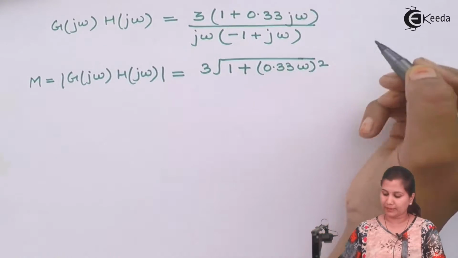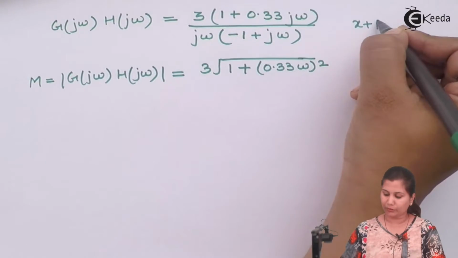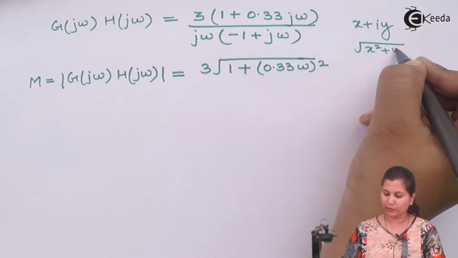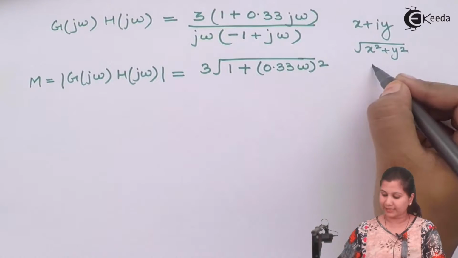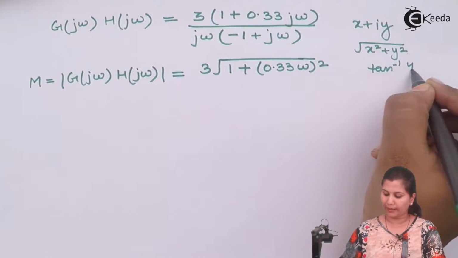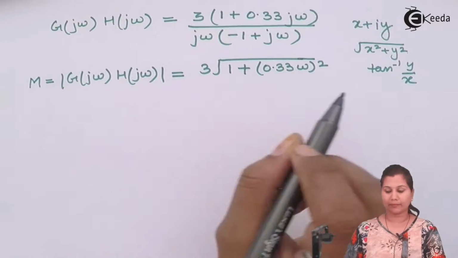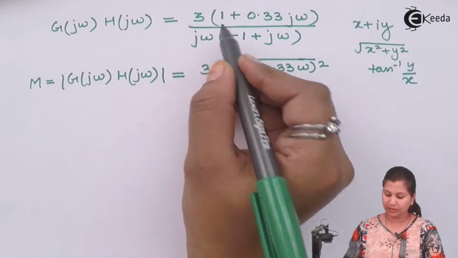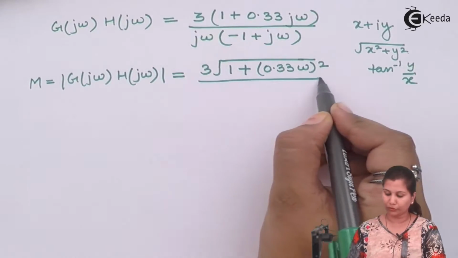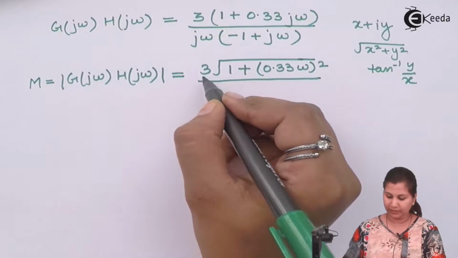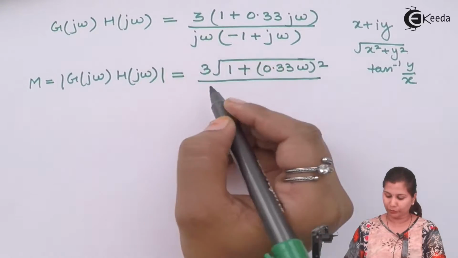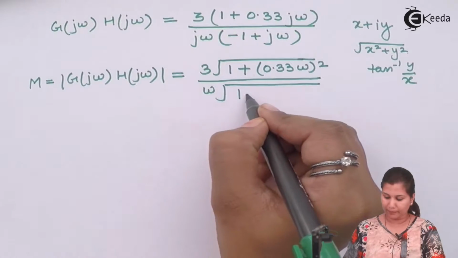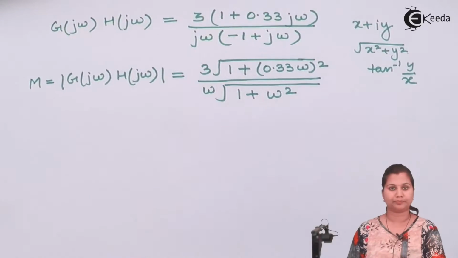Whenever we have a complex number like x plus iota y, then its magnitude is under root of x square plus y square, and its phase angle is tan inverse of y by x, that is imaginary part upon the real part. So here we have taken the magnitude of the numerator, then the denominator, its magnitude will be omega, then under root of 1 plus omega square.